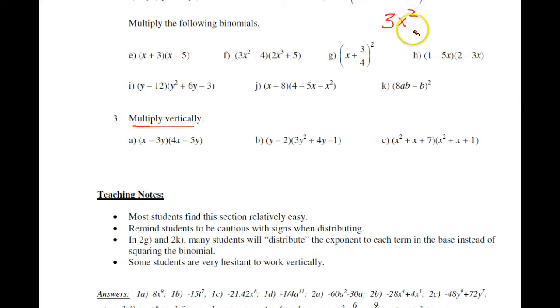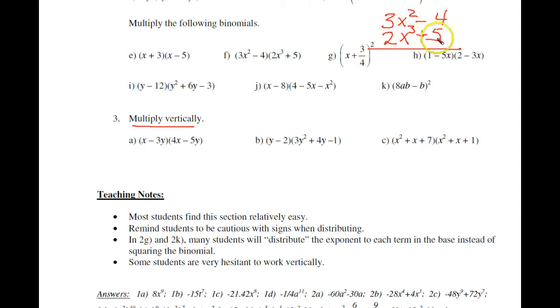Now you could do it the way we just did the other, but you can also do it this way. And be sure you copy it down correctly. Now I'm setting this up vertically, even though they want us to do more of that horizontal. Horizontal is good, but vertical I think is better.